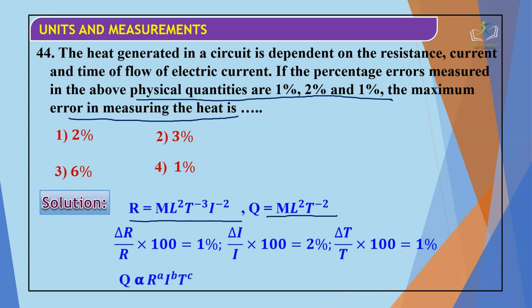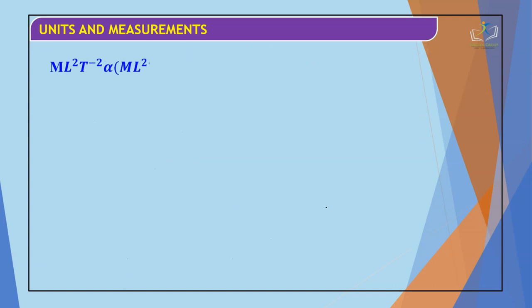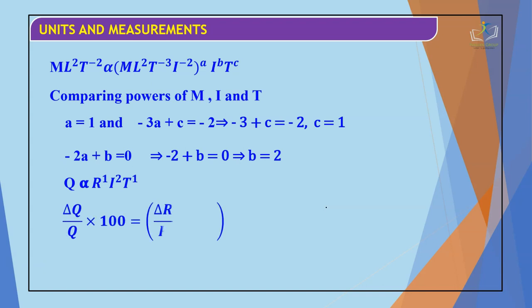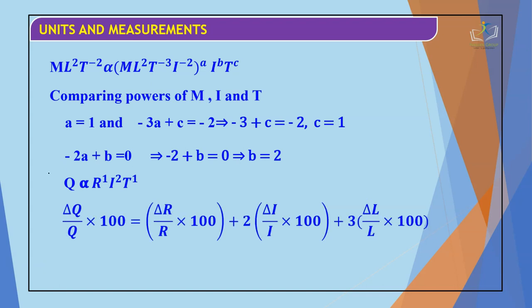So what we did, we just put the formula in the dimensions, compared and got the values of A, B and C. From here, the formula we receive is Q proportional to R I square T. If they have some power, then in multiplication this will be in the cube.